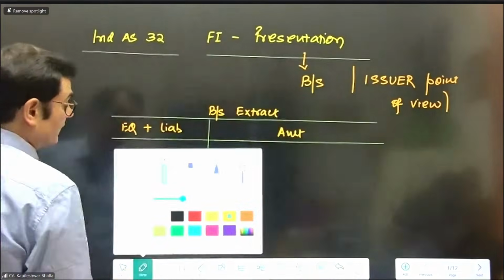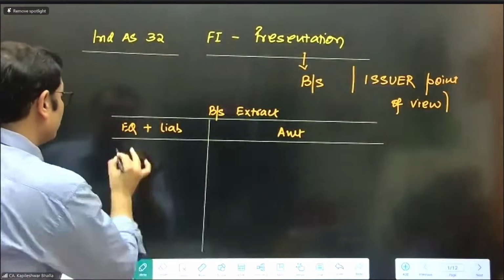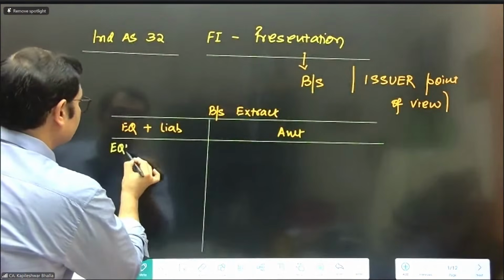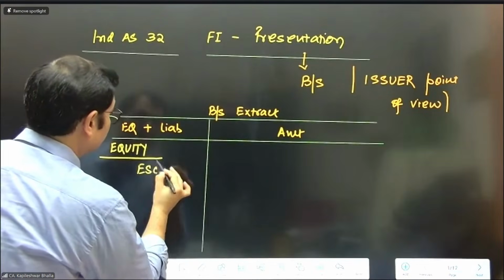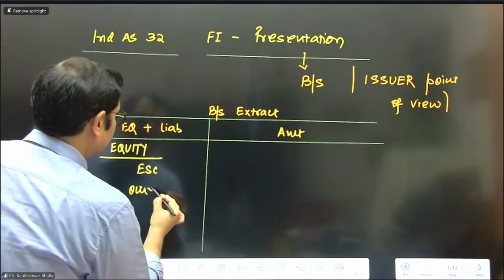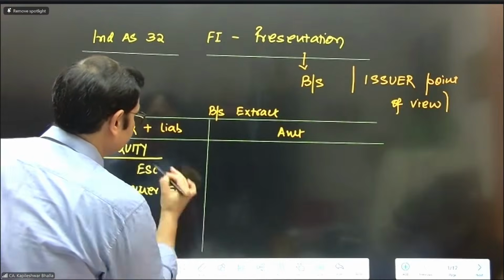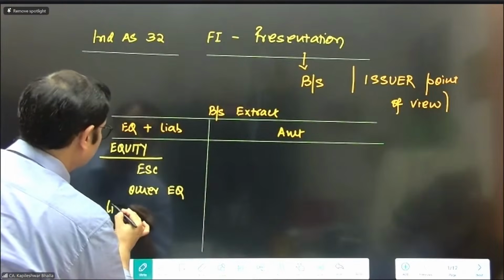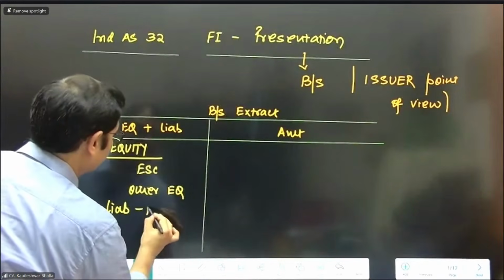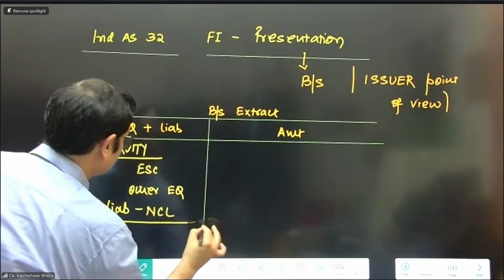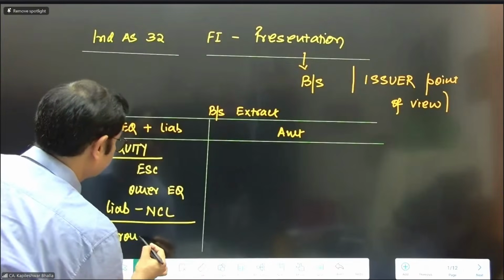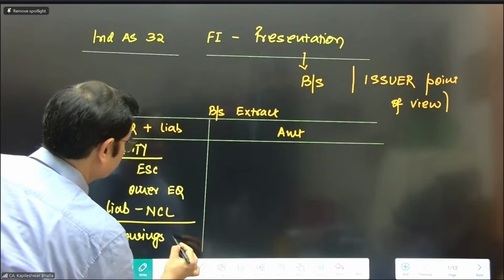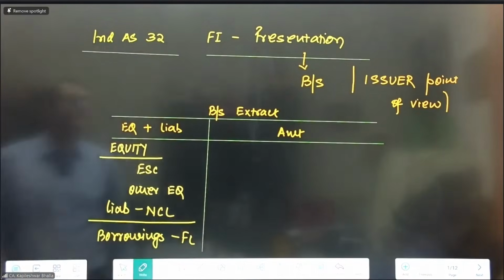I'm first putting the headings here. We've got equity, which comprises two elements: equity share capital, as well as other equity. Then you've got liabilities, where if I focus on the non-current liabilities, you get what is called borrowings, and that is supposed to be a financial liability.